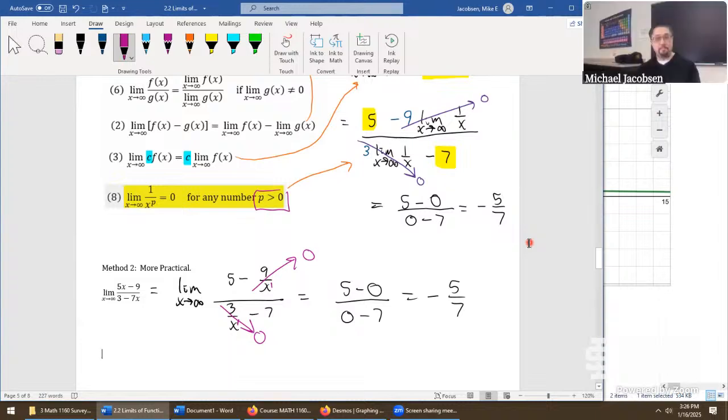Awesome. Let's call this then method 3: using knowledge about rational functions and their horizontal asymptotes.